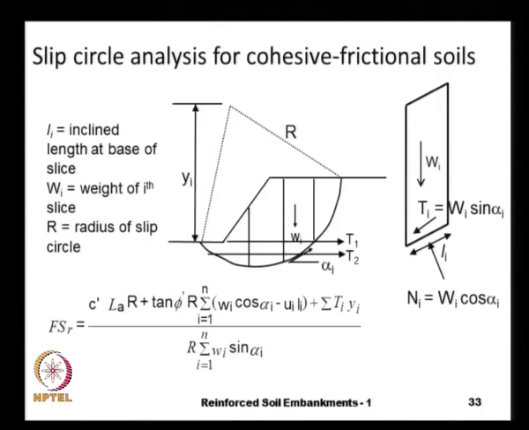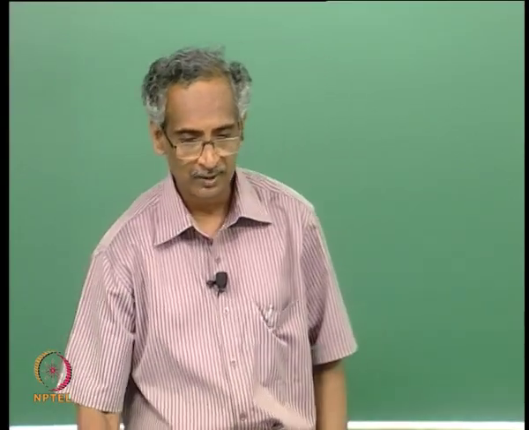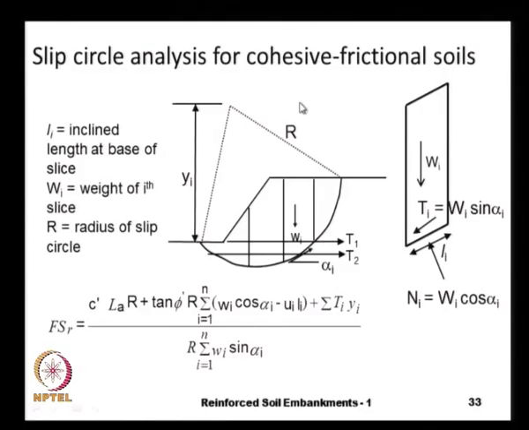The previous analysis is only valid for phi equal to 0 type of soils or undrained behavior of the clays, but sometimes the soil may have both cohesion and a friction angle, and in that case our strength varies with the depth of the soil, and we can use our conventional slices method, the ordinary method of slices or the Fellenius method, or we can also use the Bishop's method of slices, wherein we do not consider the entire soil surface as one single mass, but divide it into a certain number of slices, usually at least about 6 to 10, and the more slices we have, the more accurate is our result.